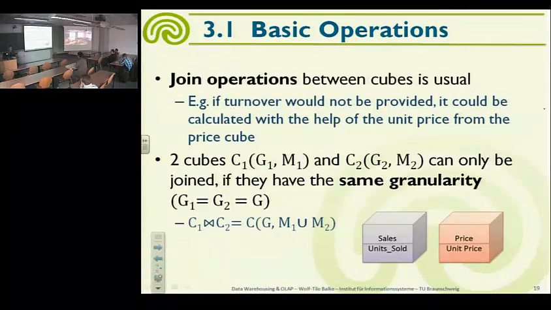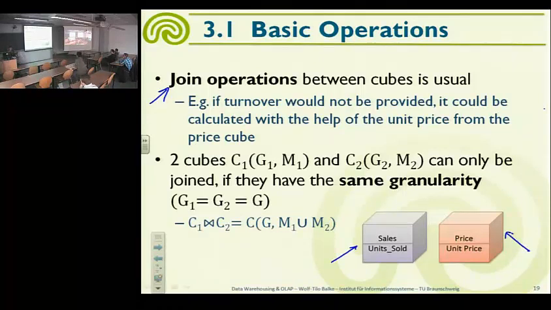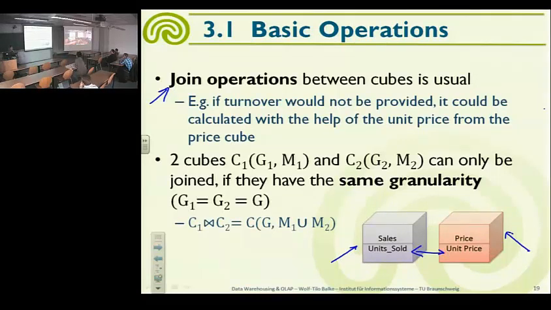Another interesting operation that we can do is the join operation. If you have different cubes, you can start combining these cubes together to get different values. So for instance here, if you have the sales and the price cube, by joining these cubes together and then calculating the unit price multiplied by the units sold, you can get the revenue.